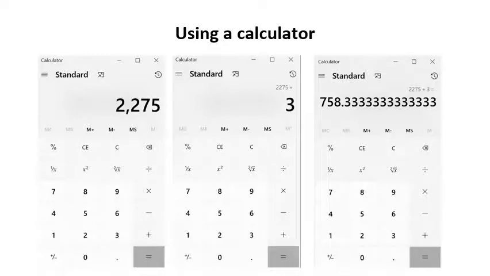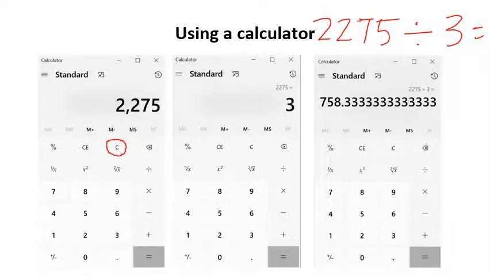So firstly, I want to enter my number sentence, 2,275 divided by 3 equals, and that's what I'm going to enter into my calculator. Actually, the first thing I should mention, before you do any calculations, when you're starting a fresh calculation, it's a good idea to press the C button.